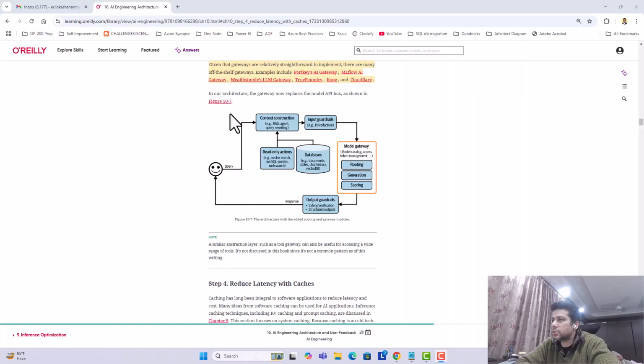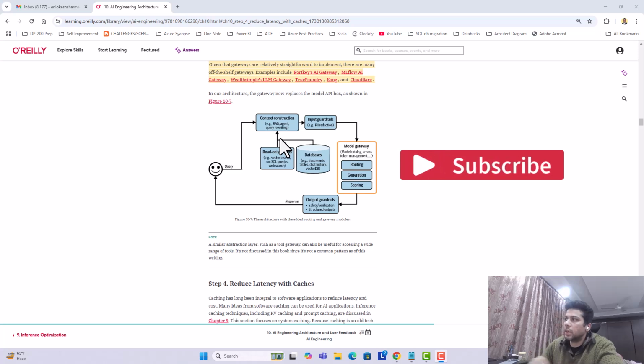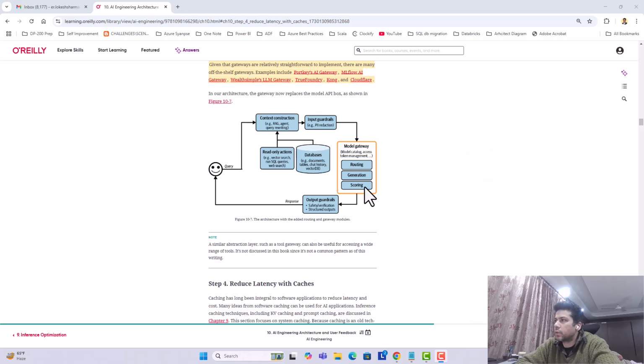So far we have seen that in a simple architecture, you will just query the model and it will give you the response. But we need to have other components like context construction, then input guardrails and output guardrails, then routing, generation, and evaluation. Why we need context construction is so that we can get better answers.